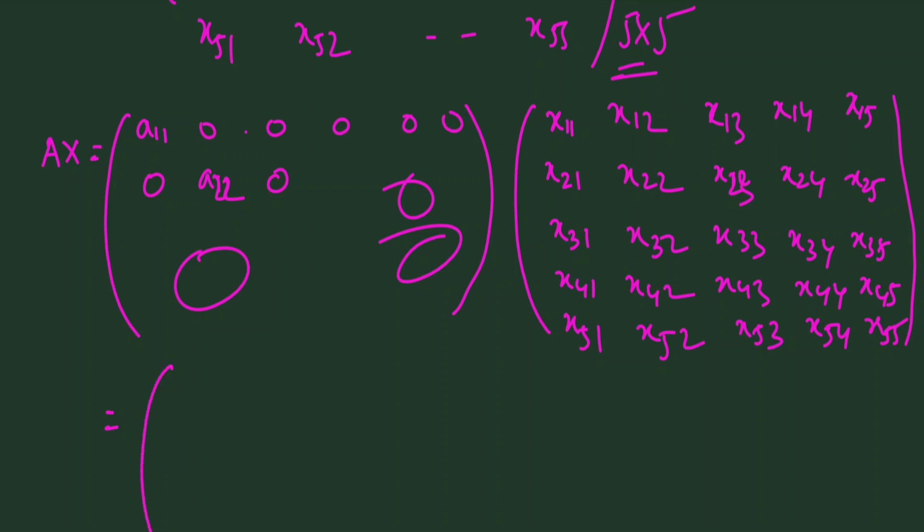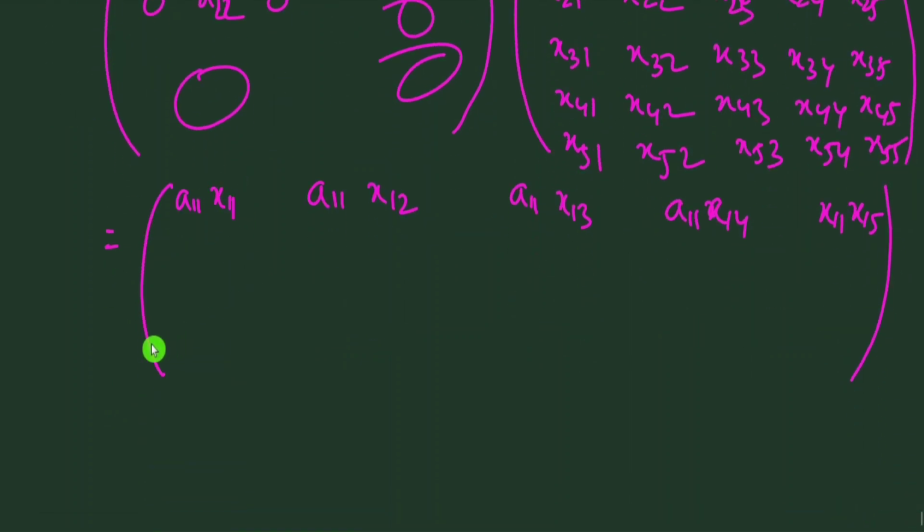So the first row of the product is A11 x11, A11 x12, A11 x13, A11 x14, A11 x15. A product of two complex numbers is again a complex number.